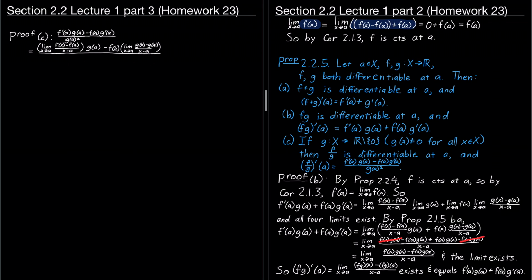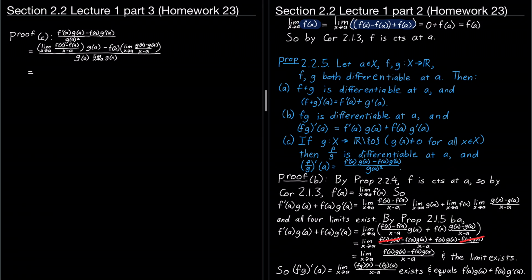And then for reasons that will become apparent, I will leave one of the g of a's as a g of a and then turn the other one into the limit as x approaches a g of x. And then at this point, it should be clear to everybody that I'm allowed to just move constants inside of limits if I want to.